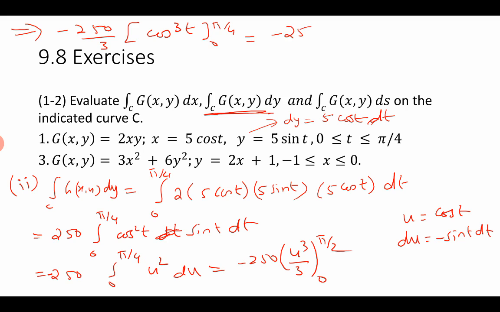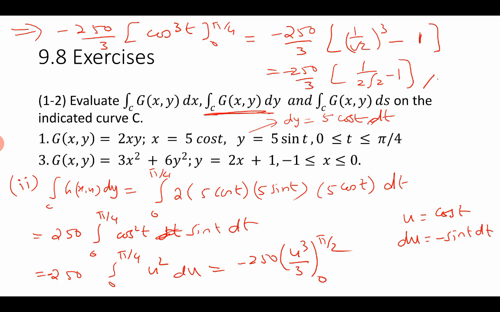So minus 250 over 3 cosine pi by 4 is still 1 over root 2 whole cube minus cosine 0 is 1. That's the difference. So minus 250 over 3, this is 1 over 2 root 2 minus 1. Stop here. If you want, you can simplify further. That's secondary, right? You can stop here. So this is different from the previous one.